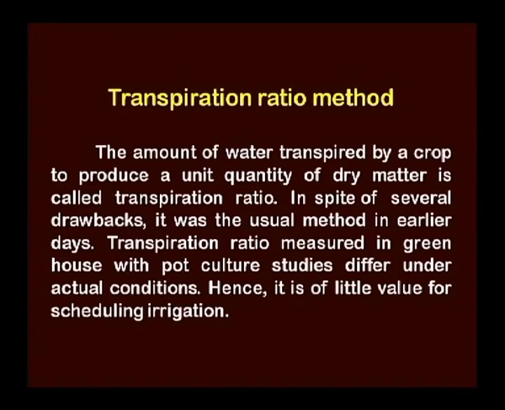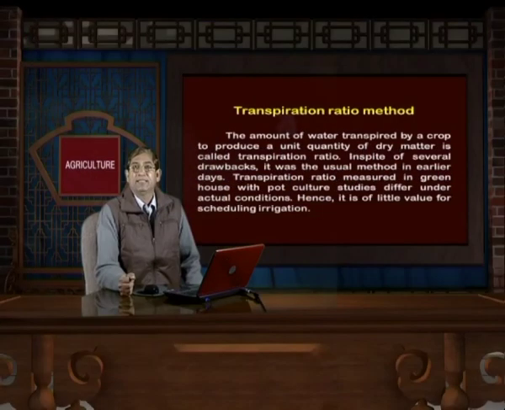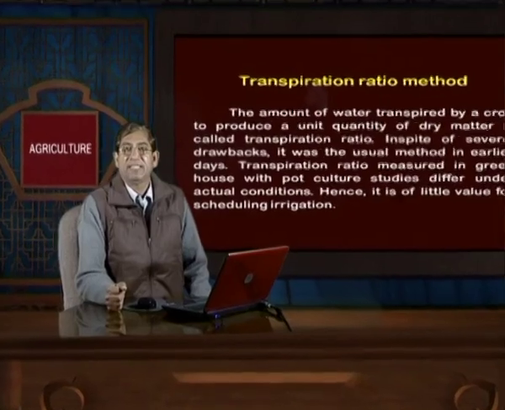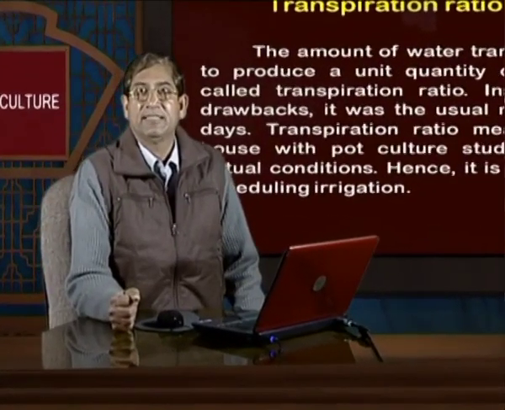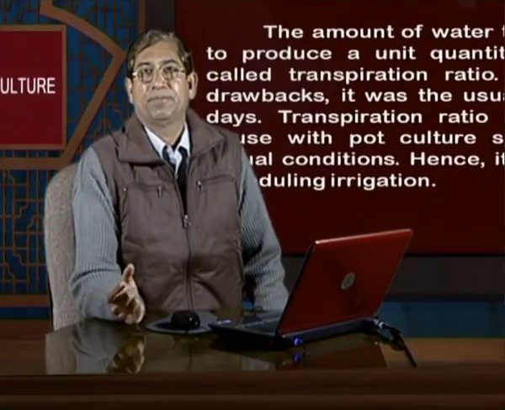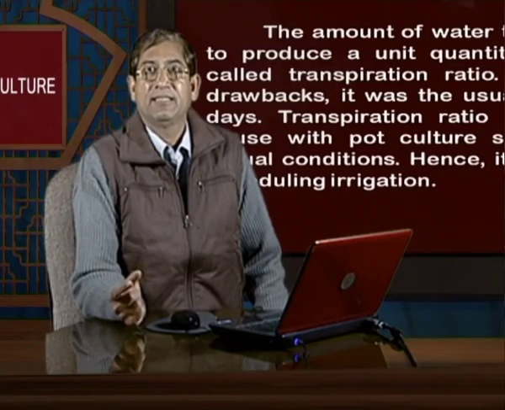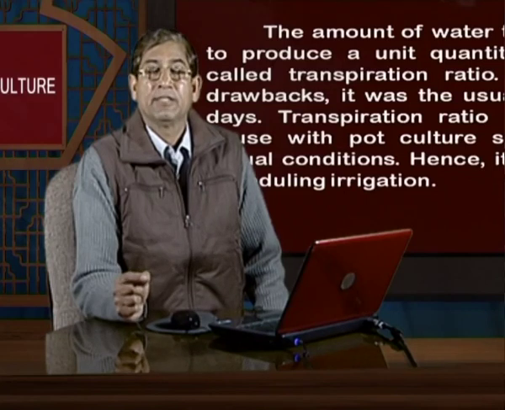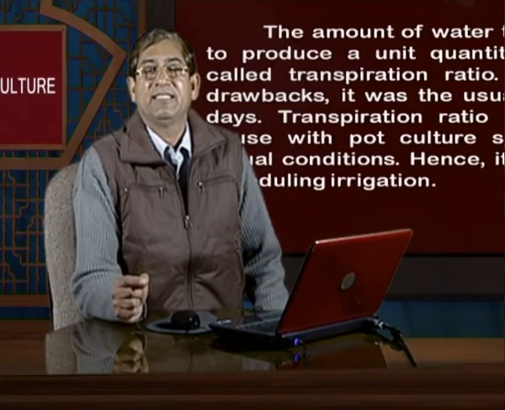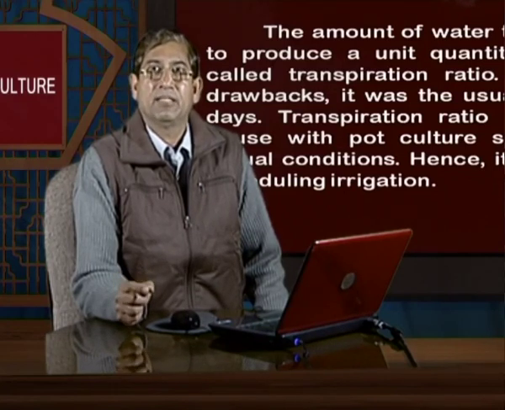This is the easy method, but the scientific background is less in this method, and there is always a difference in water requirement under pot conditions and under field conditions. So, the accuracy in this method is less in comparison to other methods.